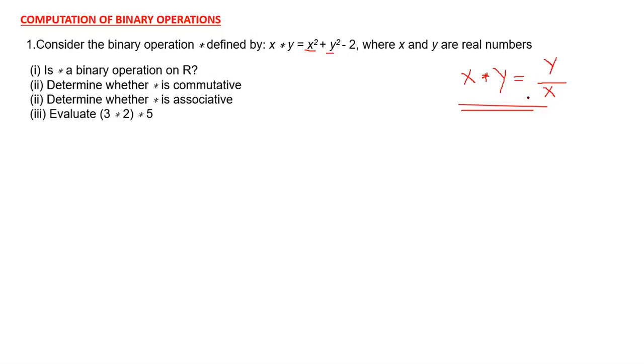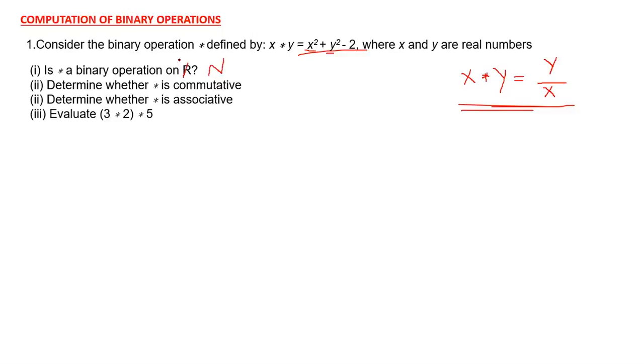So if this was the question here, star wouldn't have been a binary operation on R, because when you replace 0 there, you discover that this operation will be undefined. Now, if this was the question, and for instance here where there's R, it's not R, there are natural numbers. We know that natural numbers are counting numbers starting with 1, excluding 0.